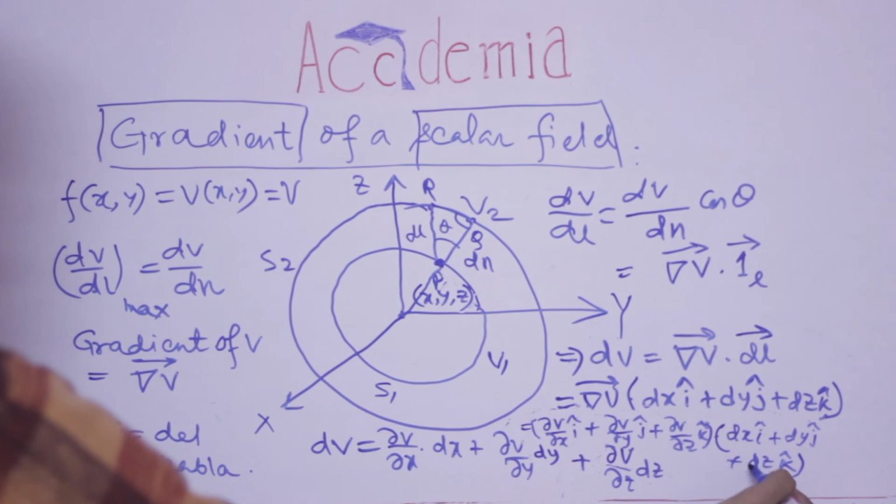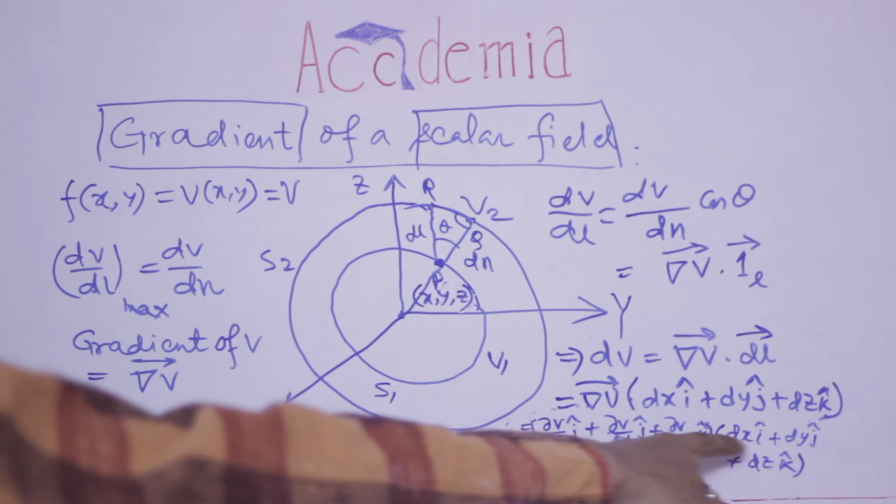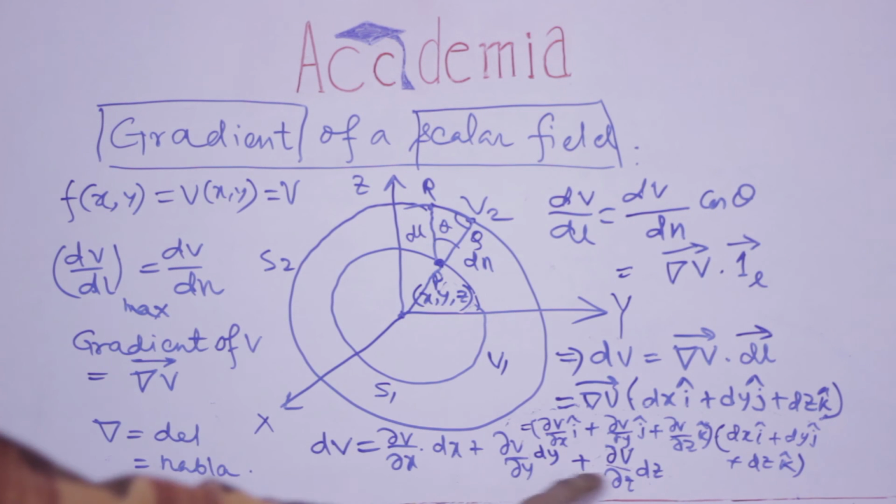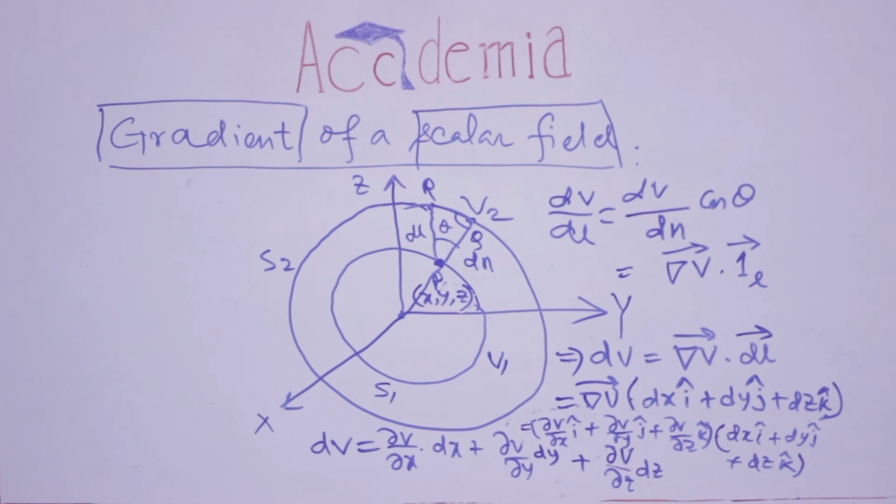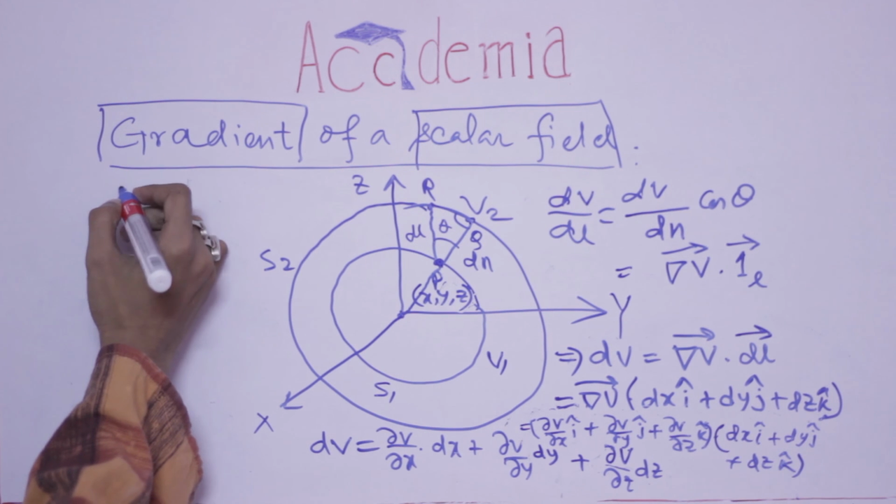Now see, the result of this dot product evidently matches this expression. Then grad v can be written like this.